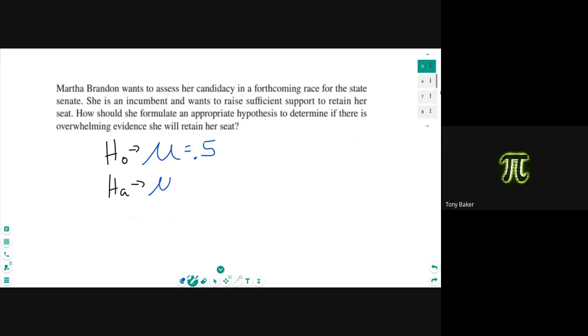My alternate hypothesis, what I want to test, is that I will retain my seat. So for my alternate, I'm going to say greater than 0.5. I will tell you, that's the hardest thing. You're going to want to change the null hypothesis to something other than equals.